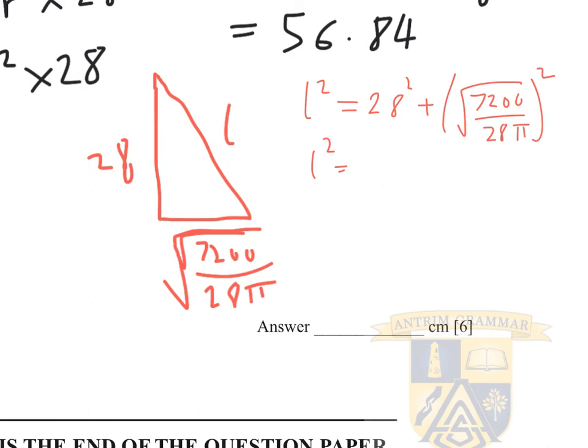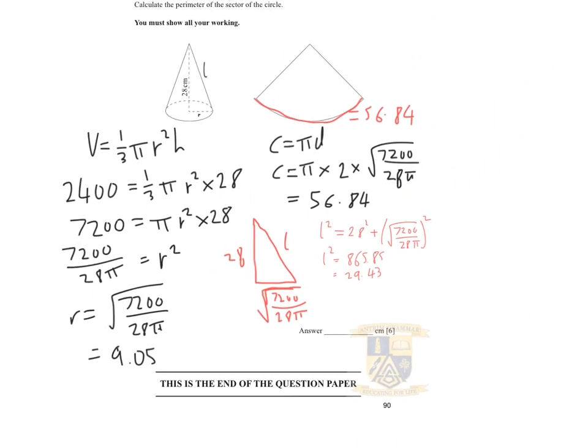That gives you 865.85, and we square root that to get the length, which will be 29.43, and then we bring it all together.